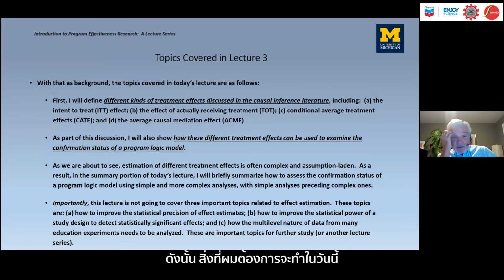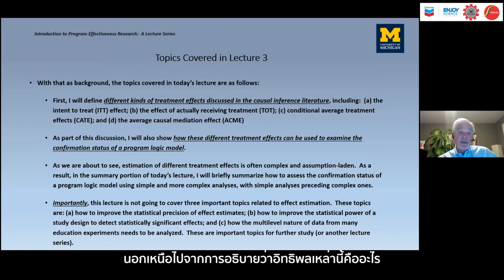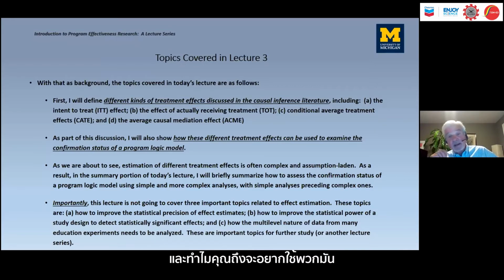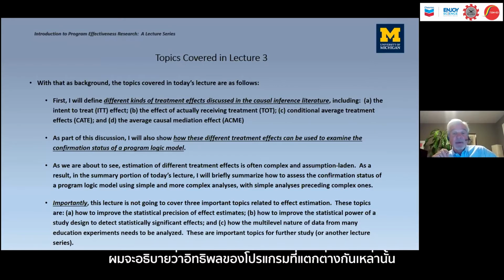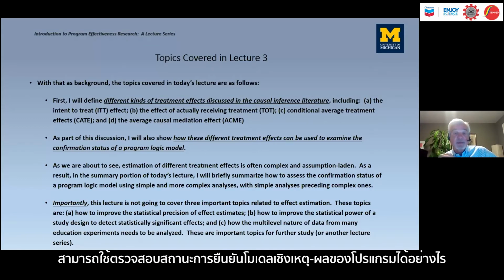So what I want to do today, in addition to explaining what these effects are and why you would want to use them, is explain how those different treatment effects can be used to examine the confirmation status of a program logic model.